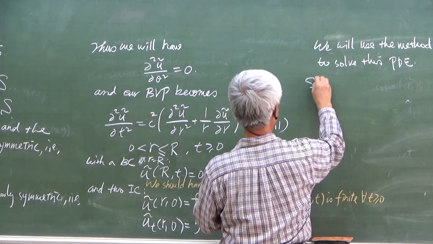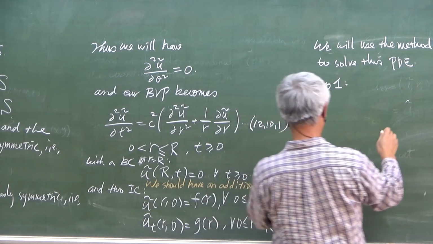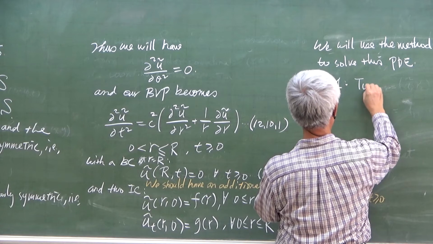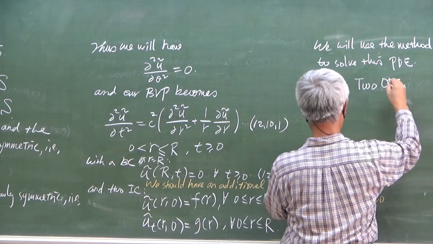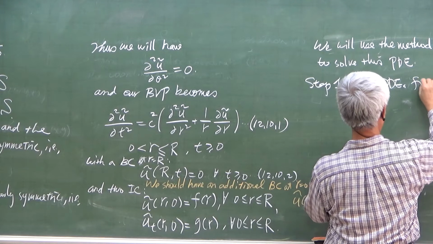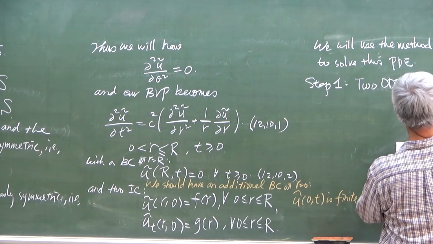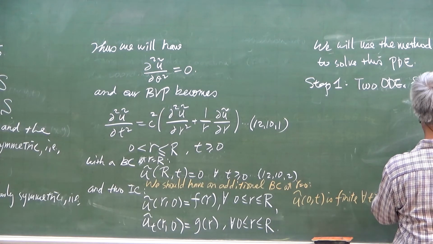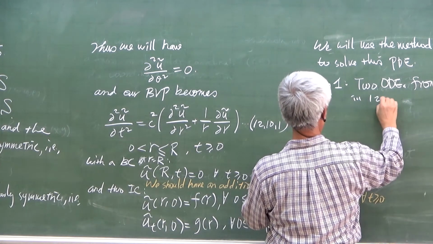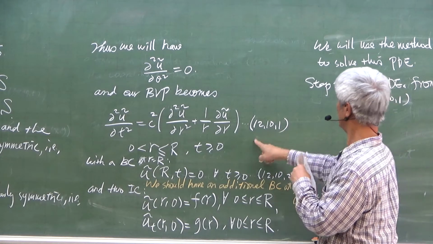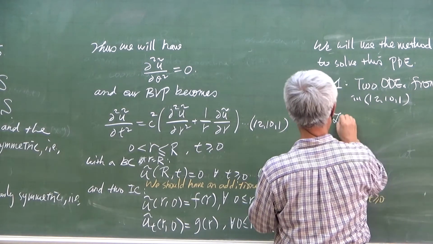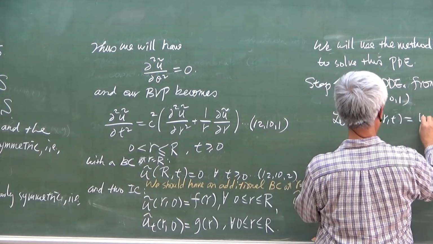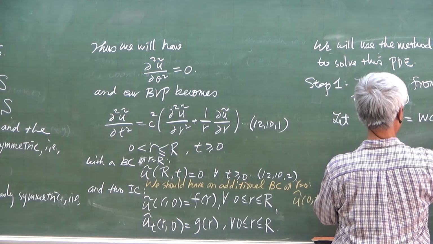So step 1, we will have 2 ODEs from the wave equation in 12.10.1 here. So we let u tilde(r, t) equal to W(r) G(t).